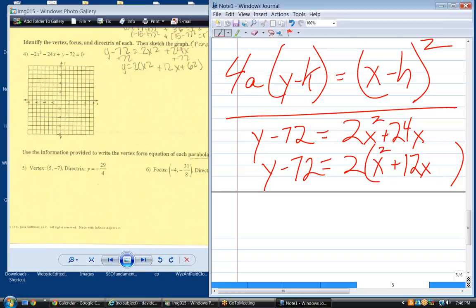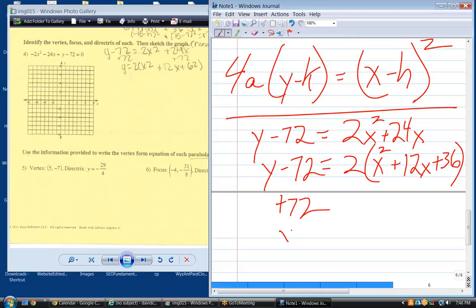Find half of the middle coefficient and square it. So 36. I've got to write 36 right there. Now the moment I write 36 there, how much have I added to the right side of the equation? 72. Okay, very good. Which means I've got to add 72 to the left side of the equation.